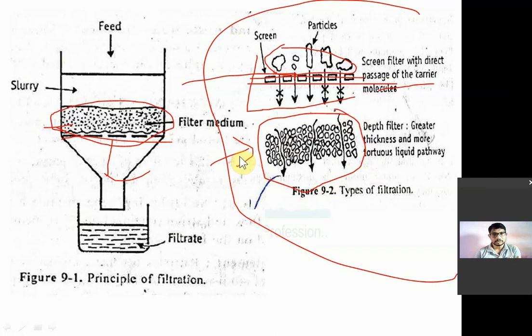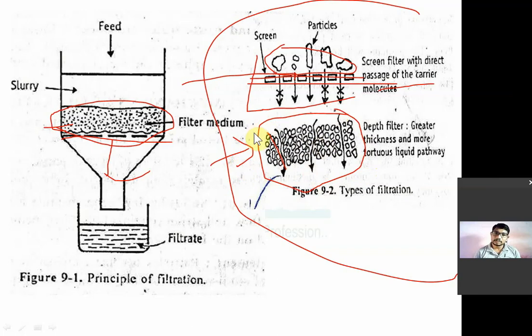In depth filtration, the greater the thickness and the more porous the liquid pathway, the more tortuous the pathway. Here, in screen filtration, the liquid moves linearly, and the particles are larger than the screen size, that's why they are retained on the screen.